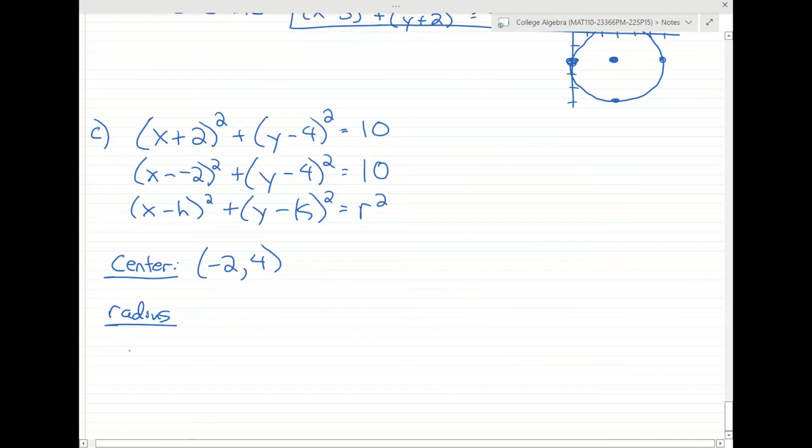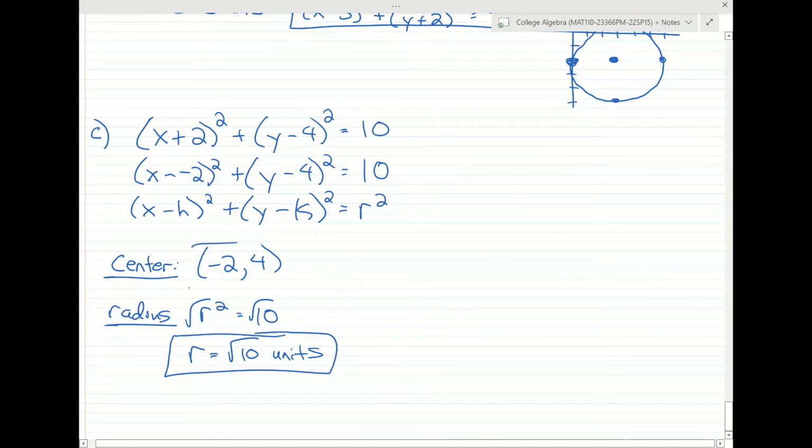So the radius squared would be 10. That gives us a radius equal to the square root of 10. The radius doesn't have to be a perfect radical. So we could graph this. It's not going to be perfect, but we'll go to negative 2 and then up to 4. The square root of 10 is a little bit more than 3.